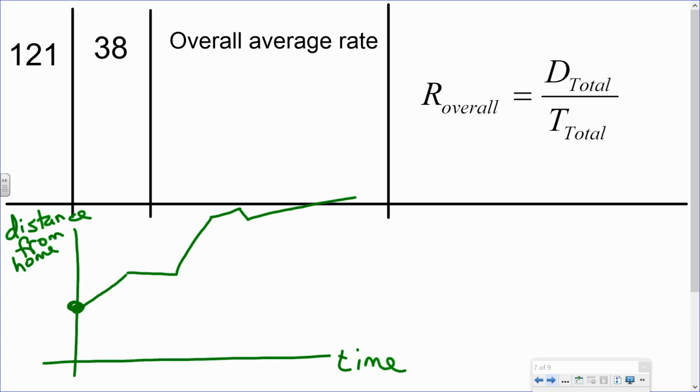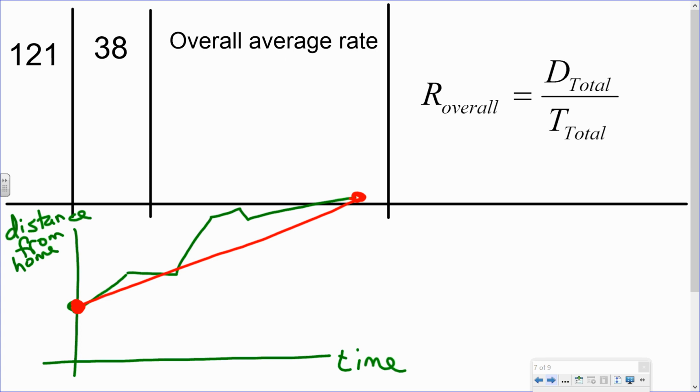If I want the overall average rate, I'm not saying what was the speed on this little part. I want to know if I went from the starting point to the finish point, what was my slope for that line? That would be my overall average speed.